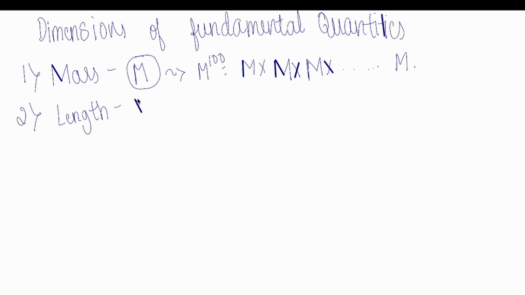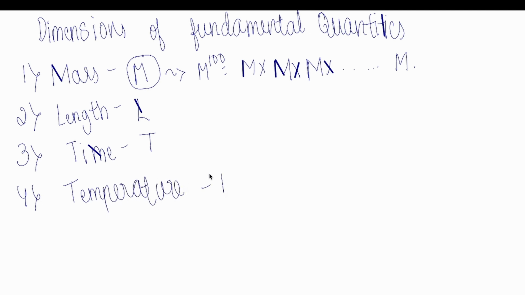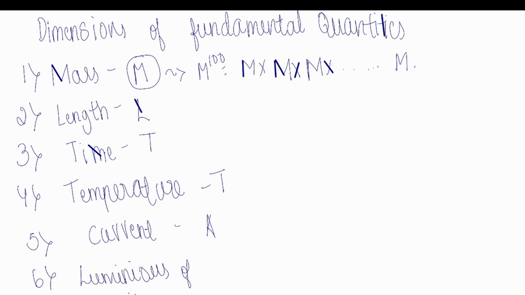Length is represented as L. Moving on to the third one, time, T. Fourth one being temperature, which is K. Fifth one being current, so it is A. Sixth one, luminous intensity, CD, candela.